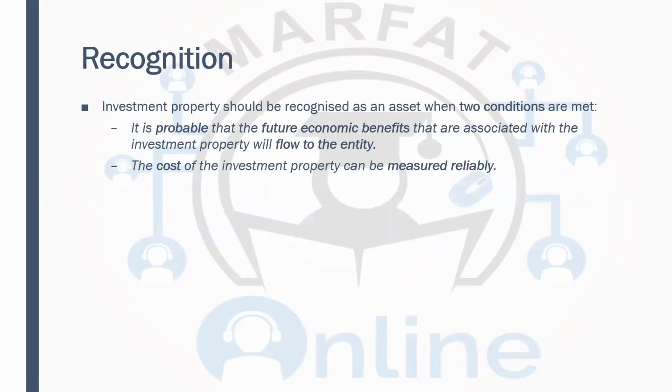Okay, now we have the recognition thing, and we have already discussed this in IAS 16, that whatever asset it is, it should meet the criteria of the asset first. Putting it into any standard is the next step. For example, there's a property, you have to see where you're going to classify it, under IAS 16 or IAS 40.